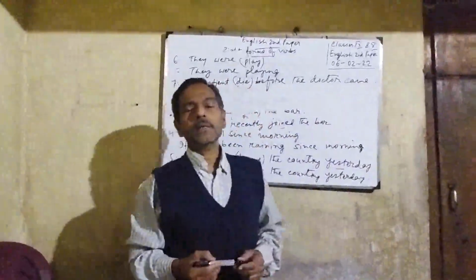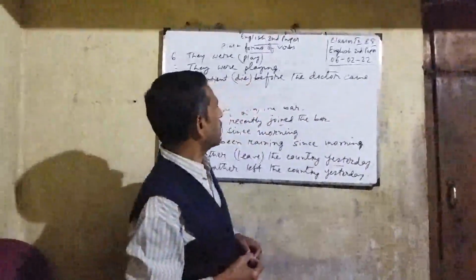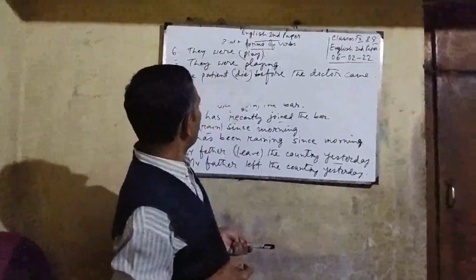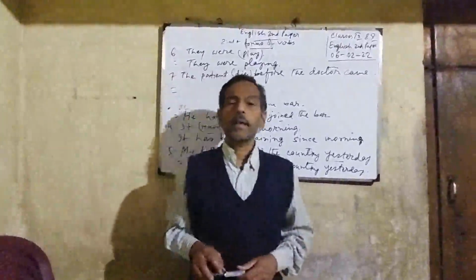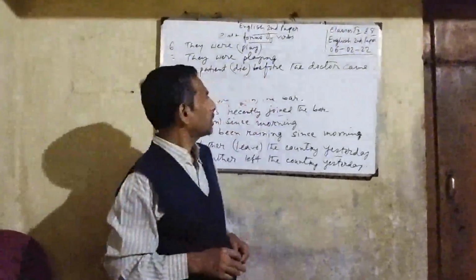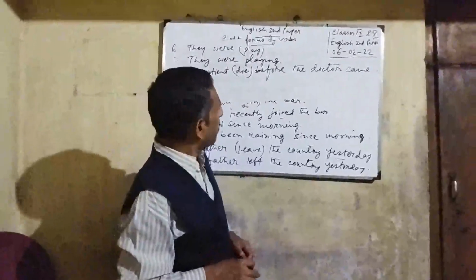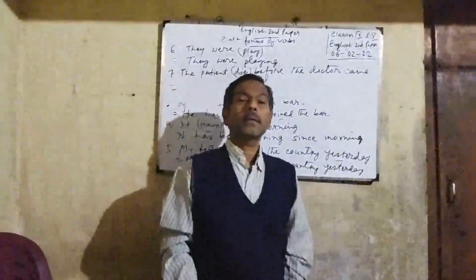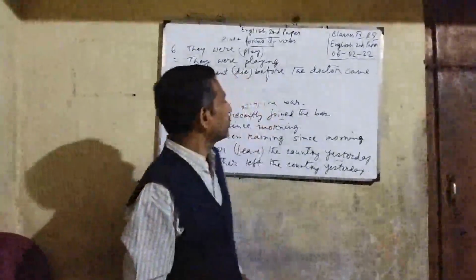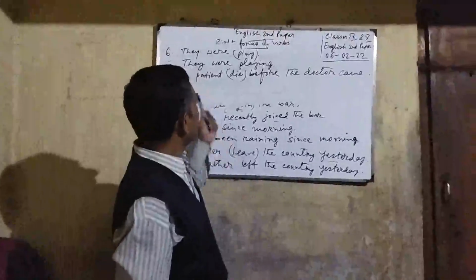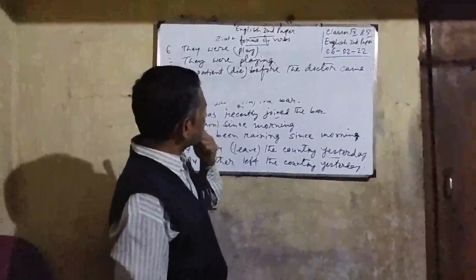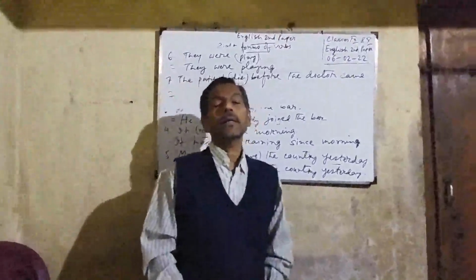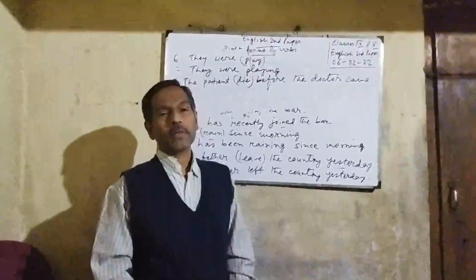In this sentence, we see that there are two actions, and the action that occurred before a particular action. So we'll make the first action, that is before another action, in past perfect tense.